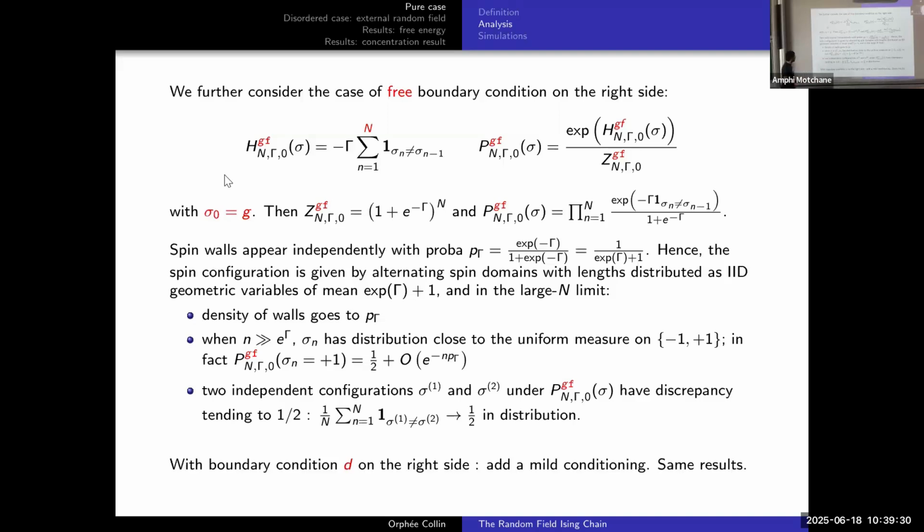And if now we come back to the case of a boundary condition on the right side, you're simply adding a mild conditioning, which is on the parity of the number of walls. So the lengths of the spin domains are not exactly i.i.d., but the conditioning is mild, and you recover all those results also.